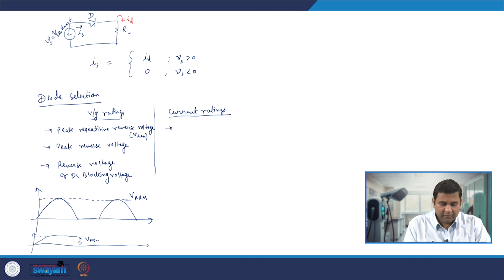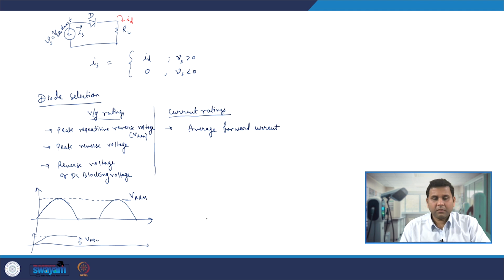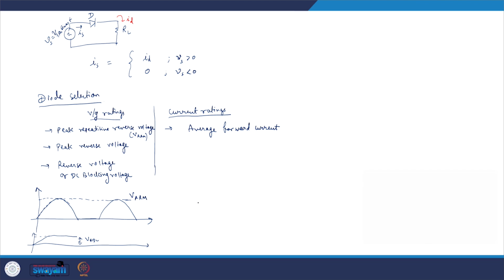The first one is the average forward current. This average forward current is the average value of the current going through the diode when it is forward biased.